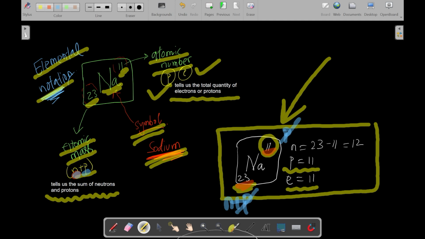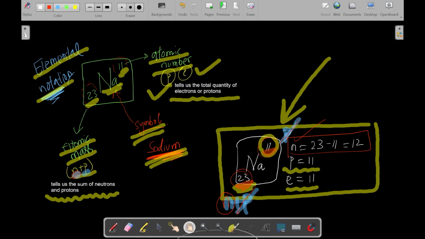This will subtract all of the protons, and this is how you get the neutrons. So the neutrons are going to be 12. Whenever you subtract these two numbers, you get the neutrons.